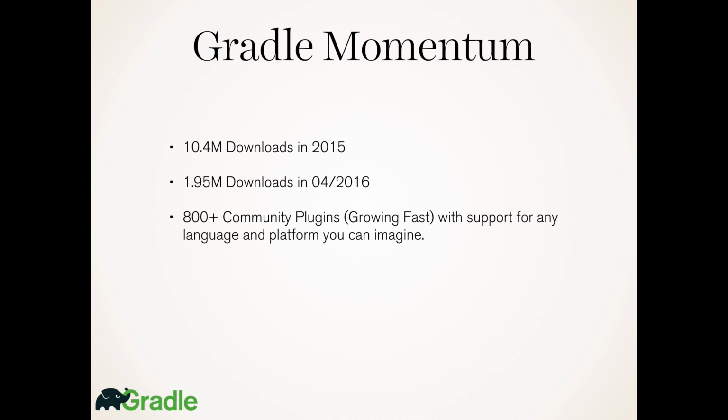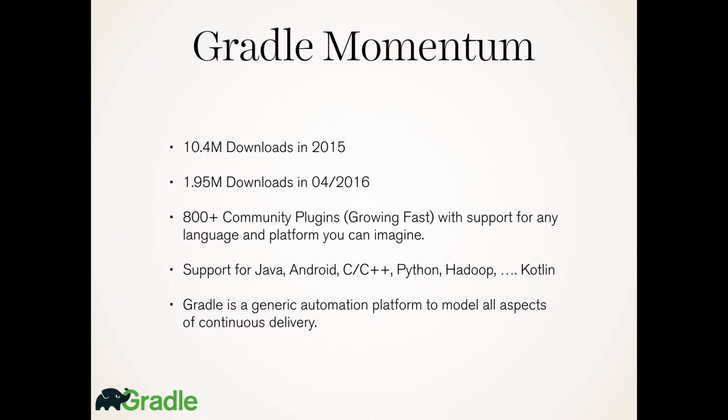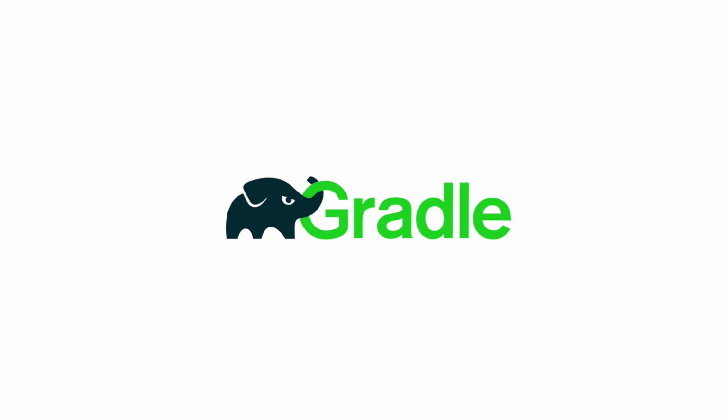When I look at the plugins, there's so many technologies I have never heard of, right? And they are supported. Growing support for platforms: Java, Android, C/C++, LinkedIn contributed Python and Hadoop support, and of course, a very good Kotlin support. So, a generic automation platform to model all aspects of continuous delivery. That is our vision. Okay, thank you, and Stepan, looking forward to your talk.